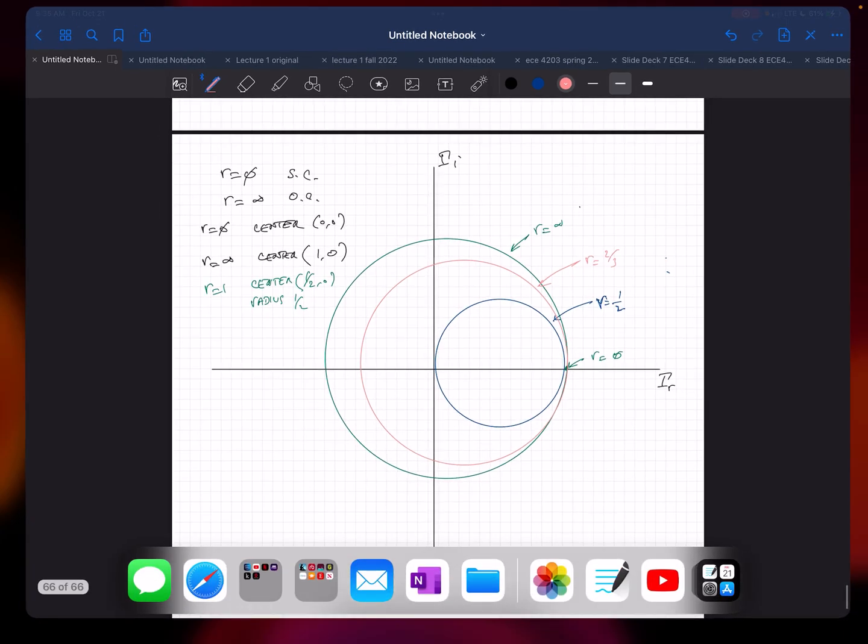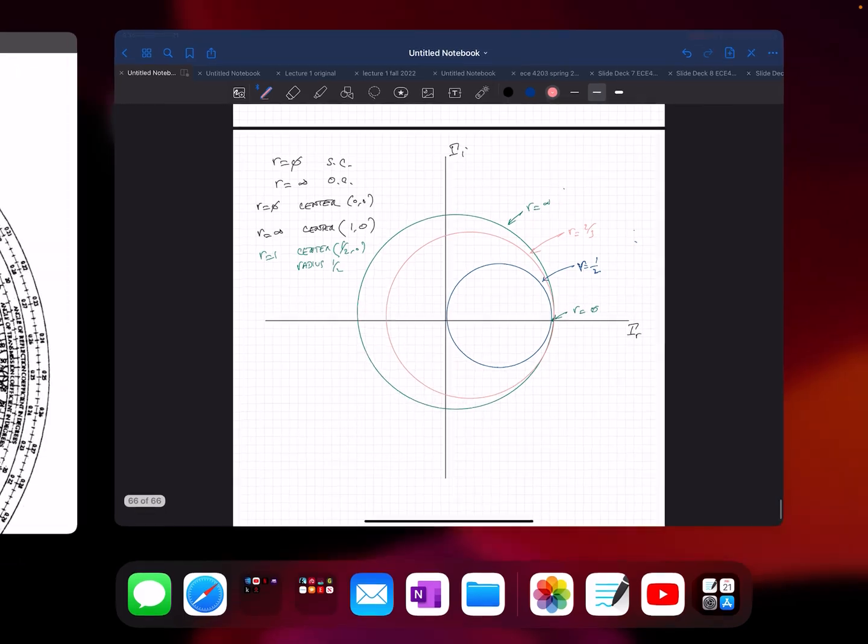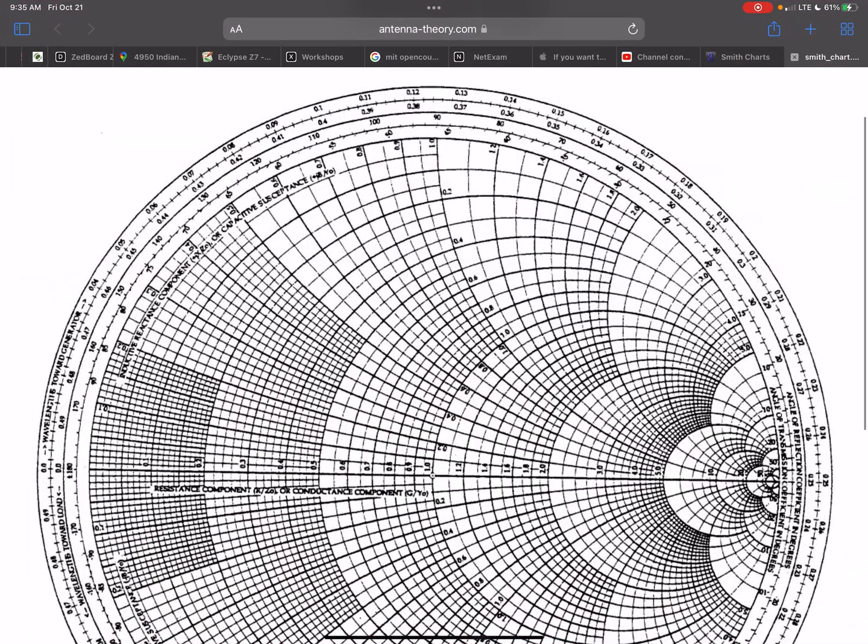So this is kind of the same as drawing the Smith chart, so it's basically these circles here. These circles are different values of the real part of the impedance.